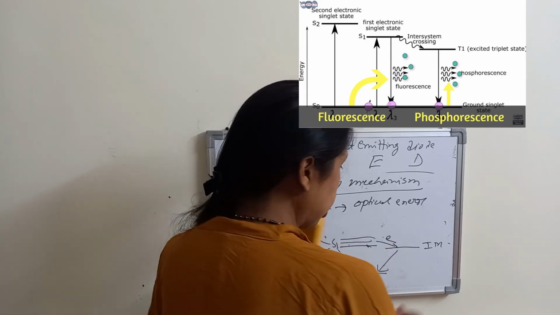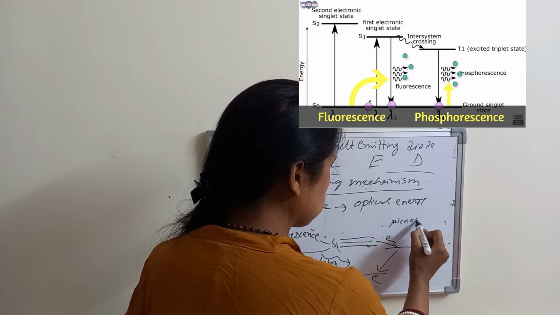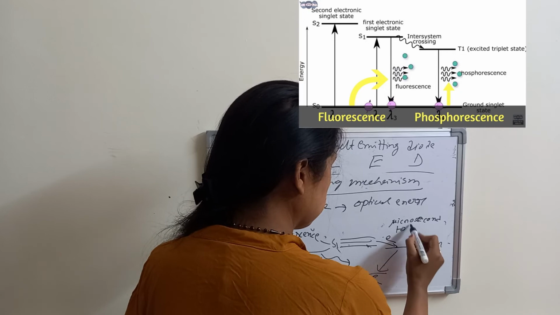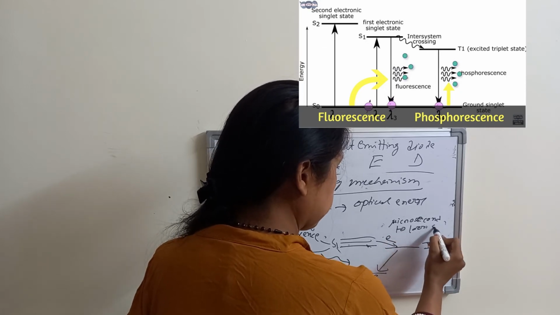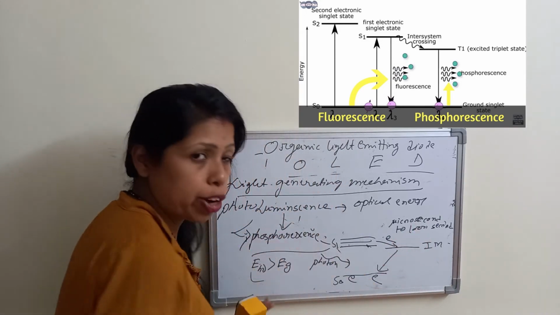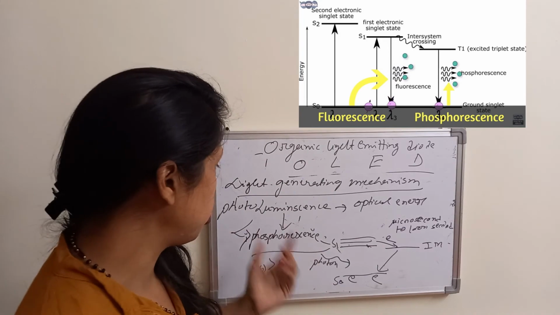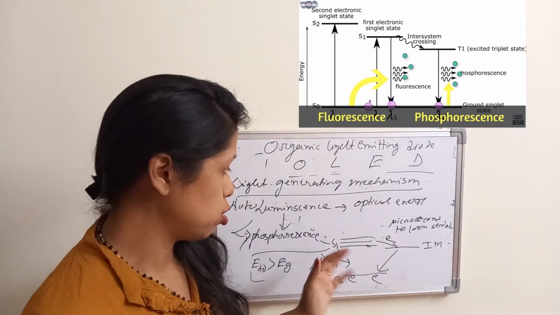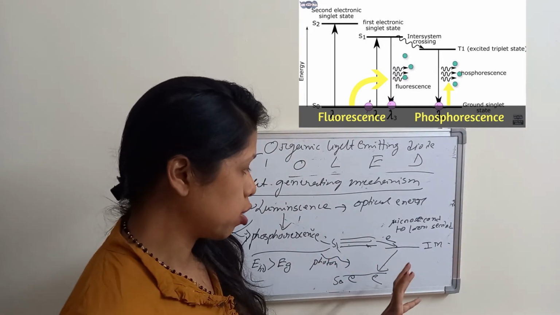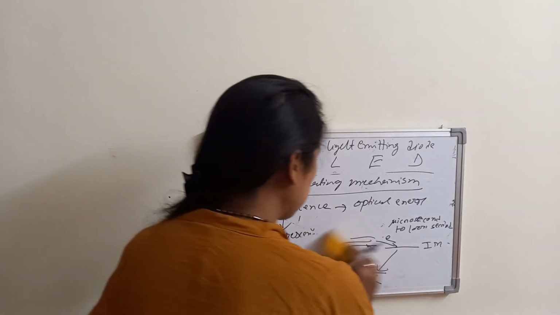This entire process will take microseconds to thousands of seconds, so this is a slow process compared to the fluorescent mechanism. These two mechanisms are available under photoluminescence. So by absorbing a photon, we get light in various ways. Next is the electroluminescence.